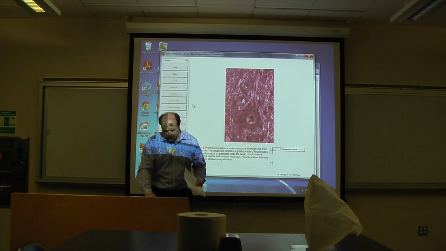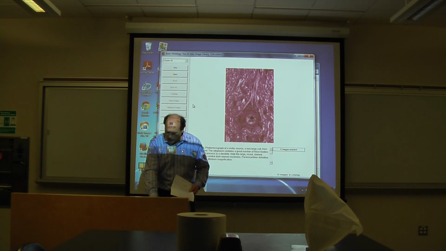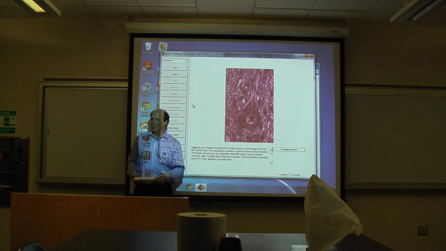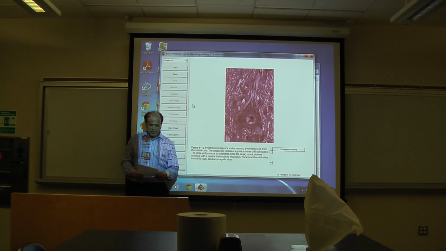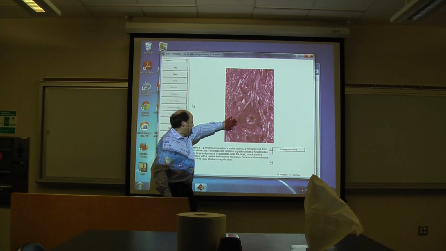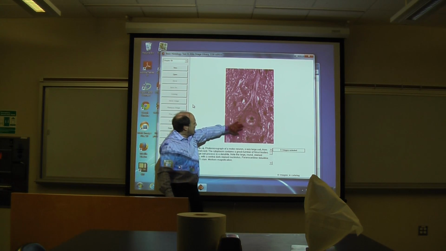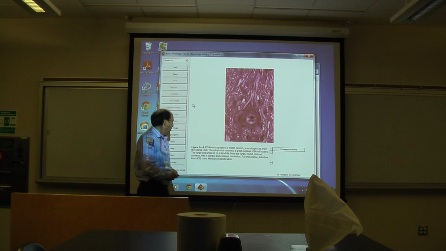It doesn't really get at how neurons work, but this is not a neurobiology class. This is histology. When you look at this cell here, it has a great number of Nissl bodies, so it's heavily stained in the cytoplasm.